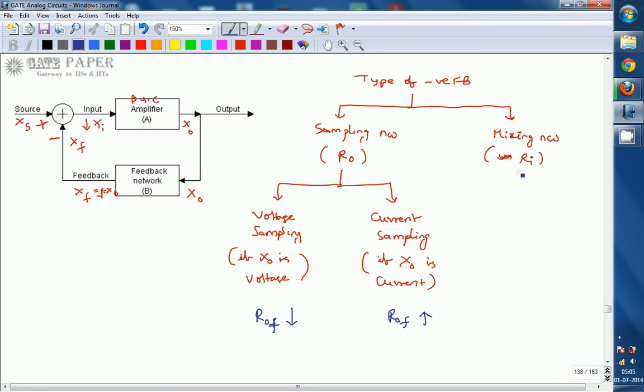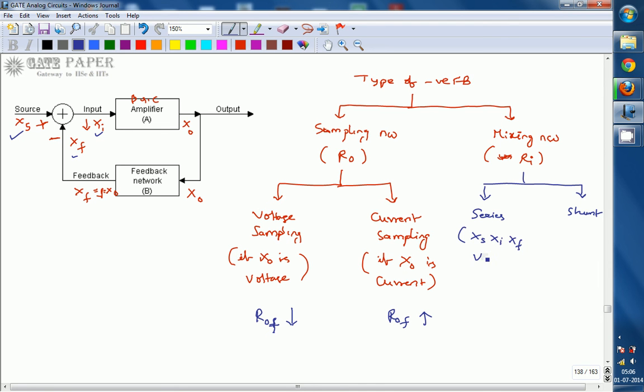Mixing is related to the input impedance side, and it can be either series mixing or shunt mixing. Series mixing means all the quantities at the input side of the mixer, XS, XF and Xi, are voltages.